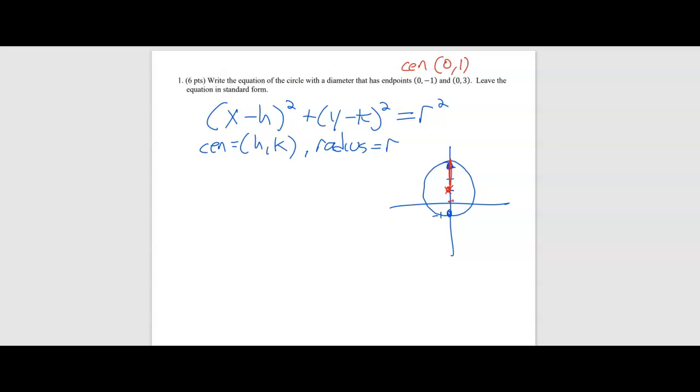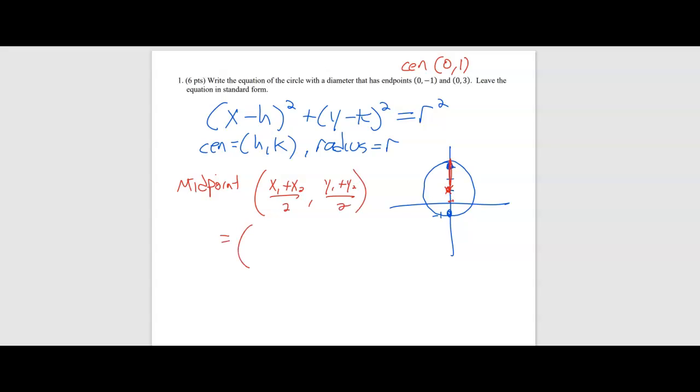But in general, we want a tool that works, and that's the midpoint formula. The midpoint formula is the sum of the two x values divided by 2, and the sum of the two y values divided by 2, in a point.